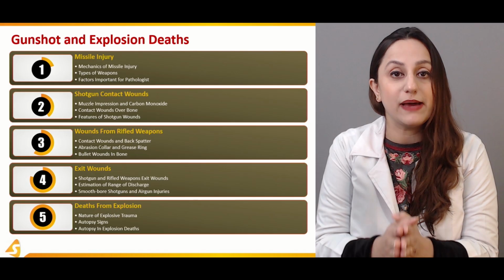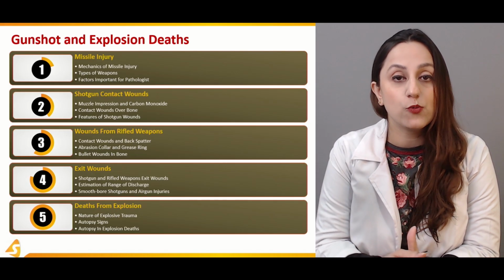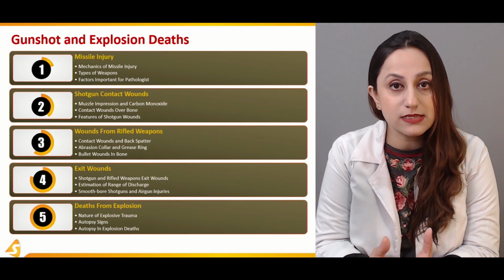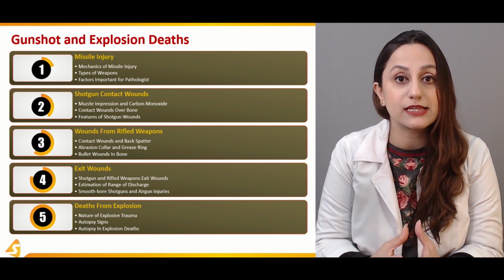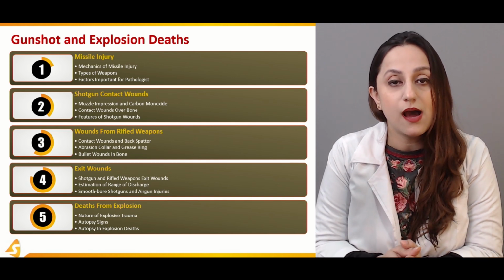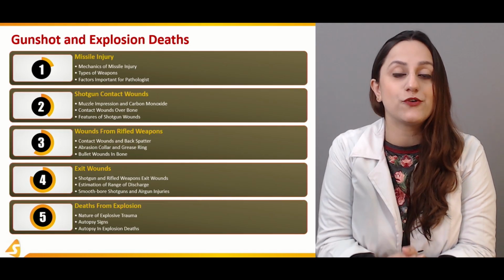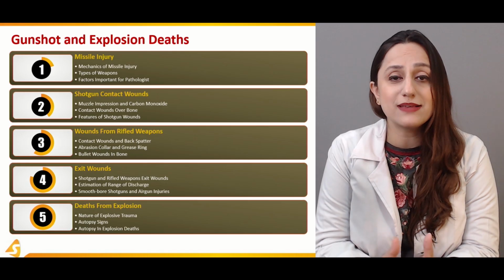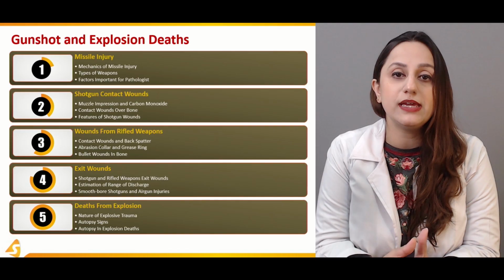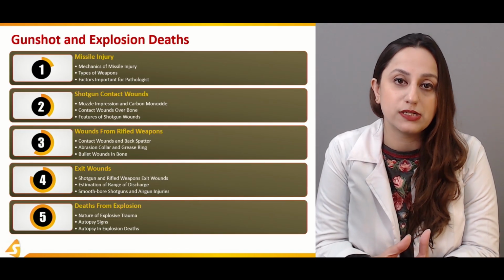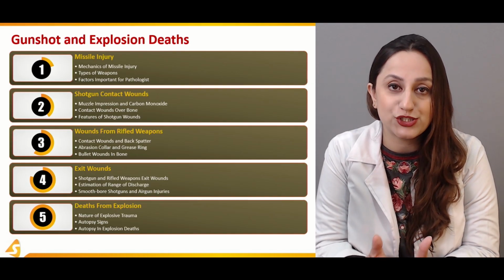When we are discussing ballistics, it's very important to know the types of weapons out there and the differences in their mechanism of injury, and what internal characteristics can alter the mechanism of injury after the impact takes place. This is very important for a forensic pathologist, who should be interested in the type of injuries that can be caused by such projectile motions and after the impact of the projectile with the tissue.